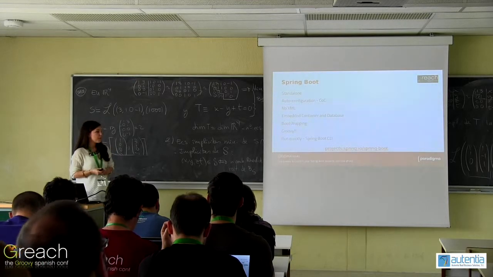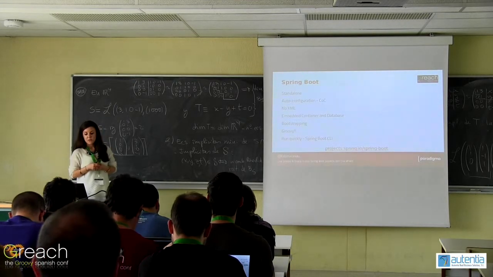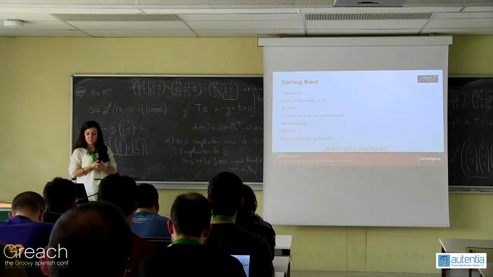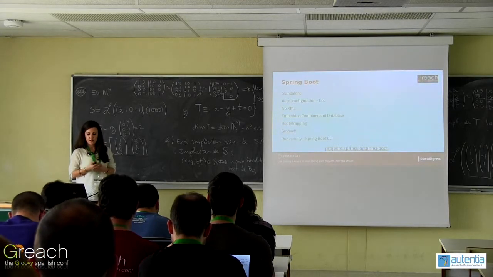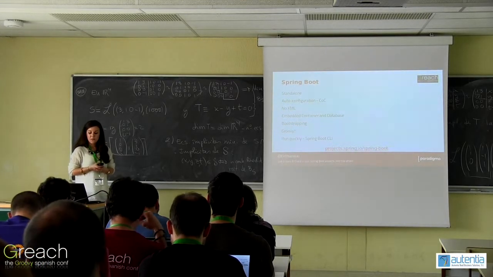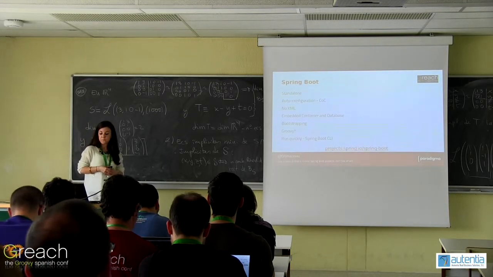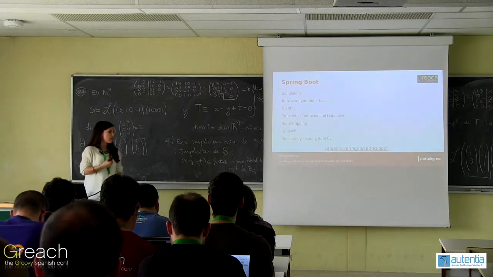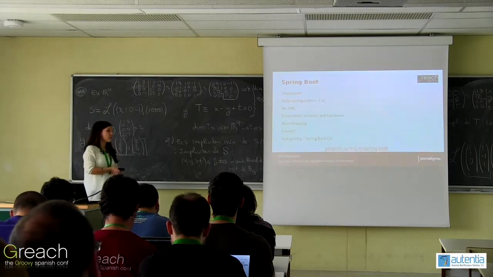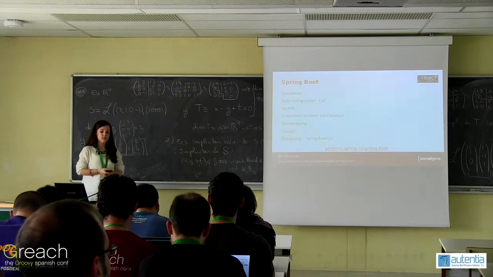Additionally, we can use Groovy, of course, with all of its features, only by including a dependency in the build system. And finally, we can run applications quickly thanks to the Spring Boot CLI tool. Of course, you can see more documentation and examples about all of this on its website.